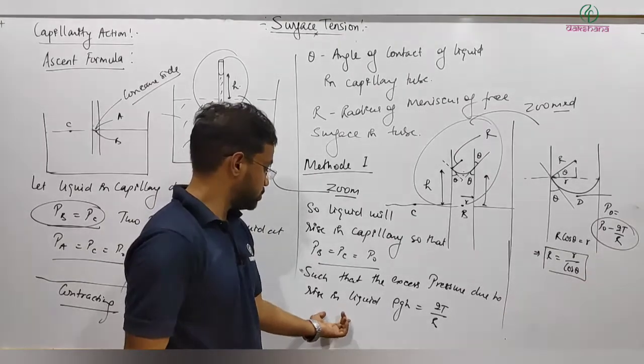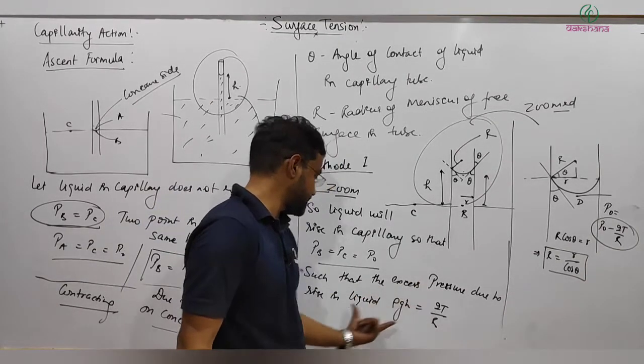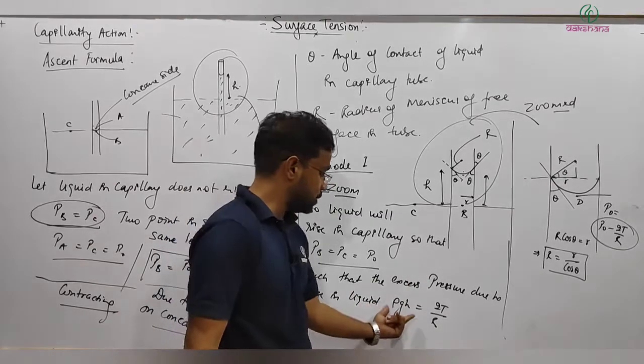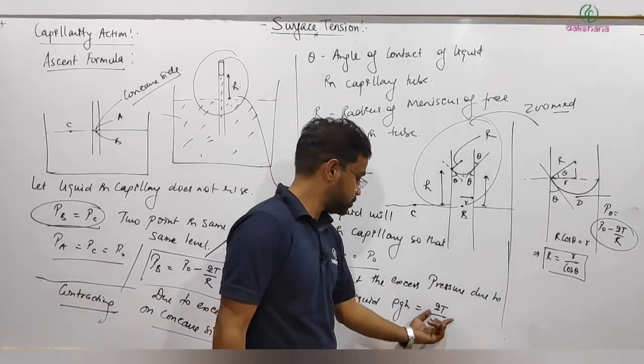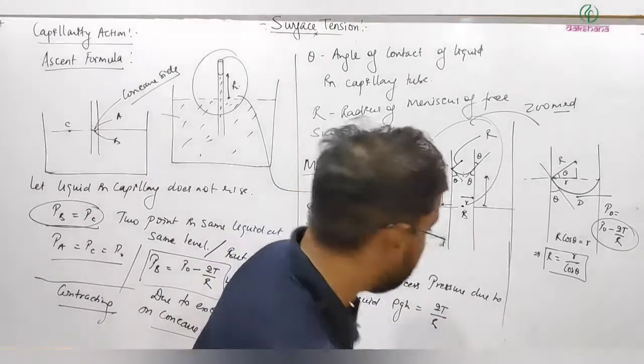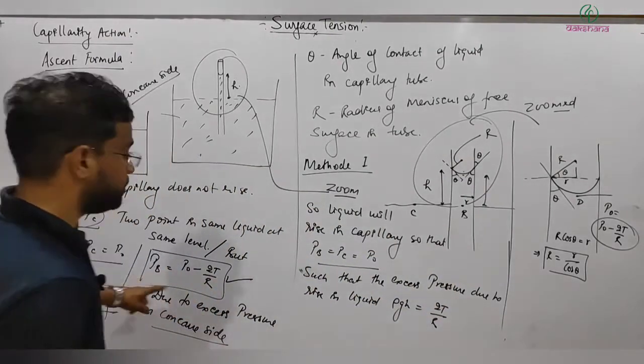I hope so. So the excess pressure due to rise in liquid, rho g h, should balance this 2T by R. I hope you understood this.